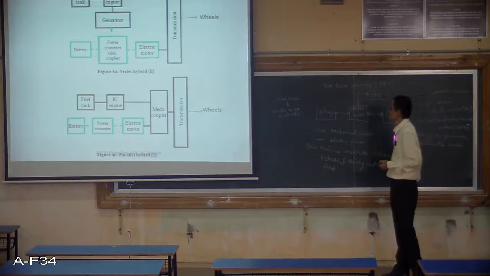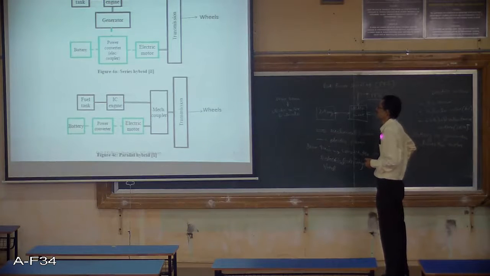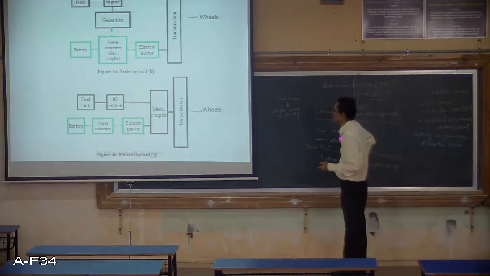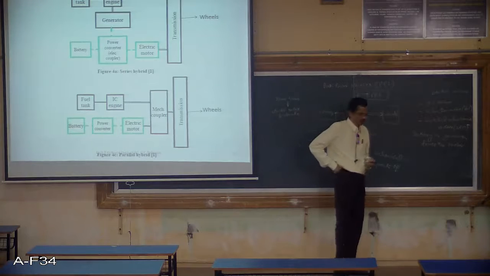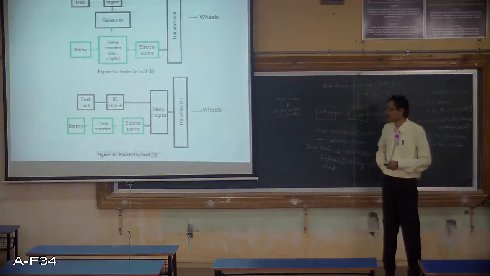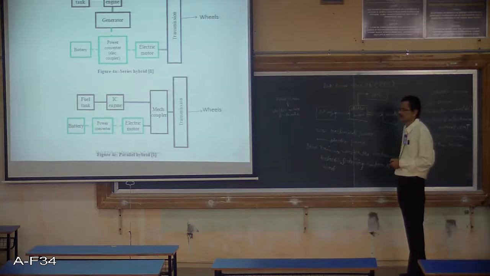So that is the advantage of the IC engine, and as per the requirement of the torque, the wheels can rotate. And the disadvantage of the IC engine is that its efficiency is very low, of the order of less than 30 to 40%.